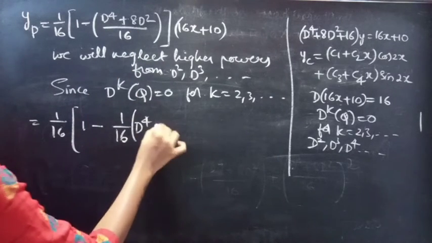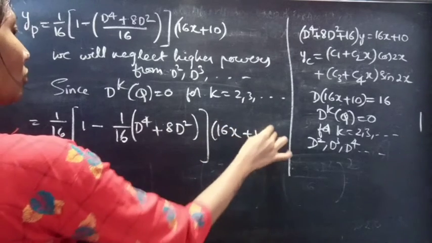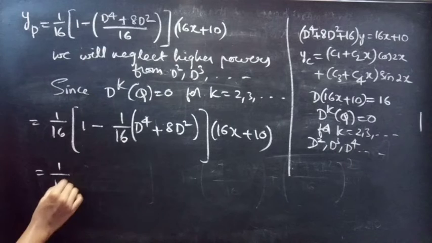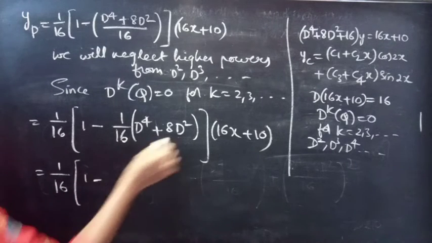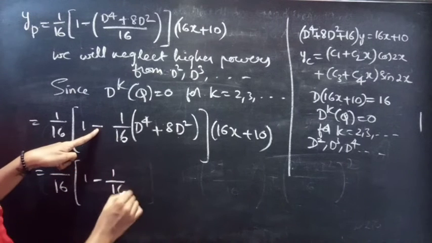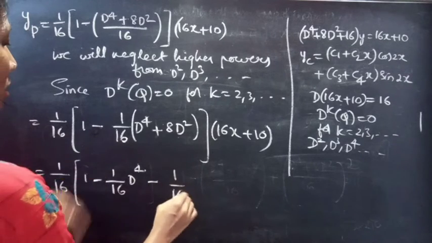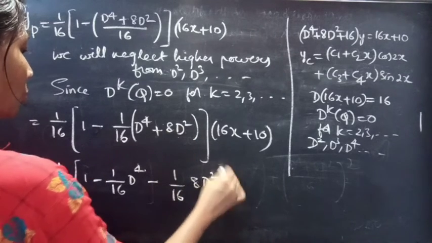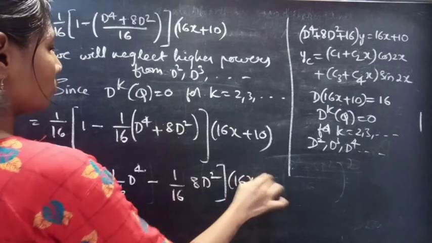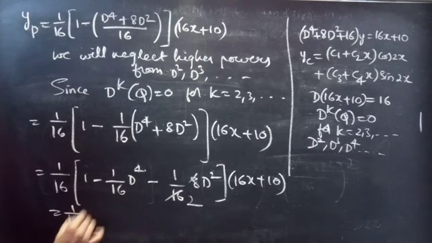Or better, you can write one more step without confusion: 1 by 16 into 1 minus, now you can remove the brackets, minus 1 by 16 D power 4 minus 1 by 16 into 8D square, into 16x plus 10. 8 ones are 8, 8 twos are 16.